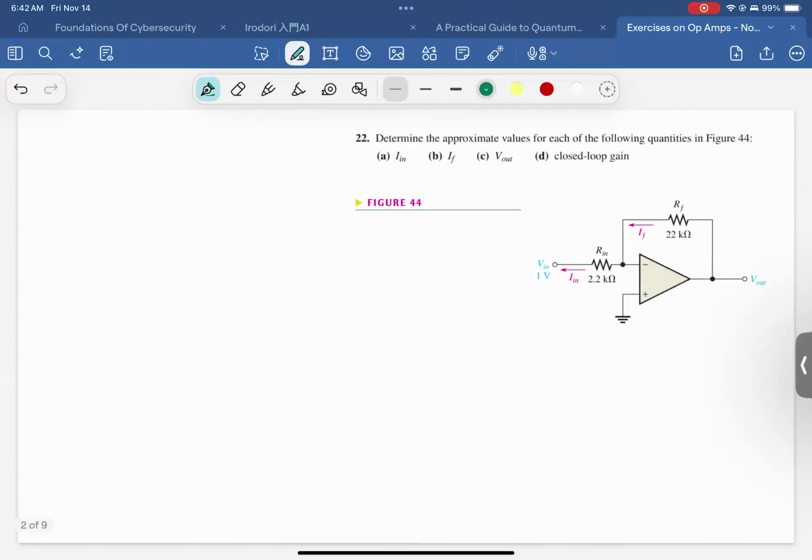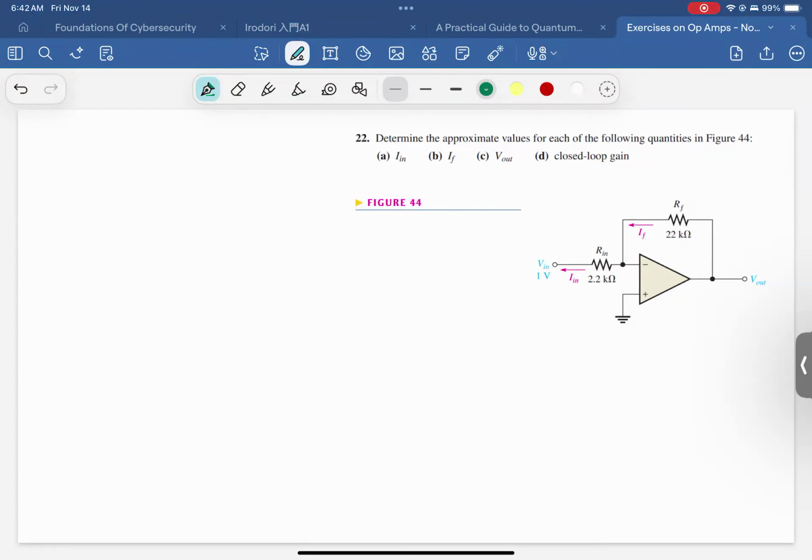Okay, so next page. Determine the approximate values for each of the following quantities in figure 44. So sa figure 44, we have this circuit. Anong klaseng circuit ito?